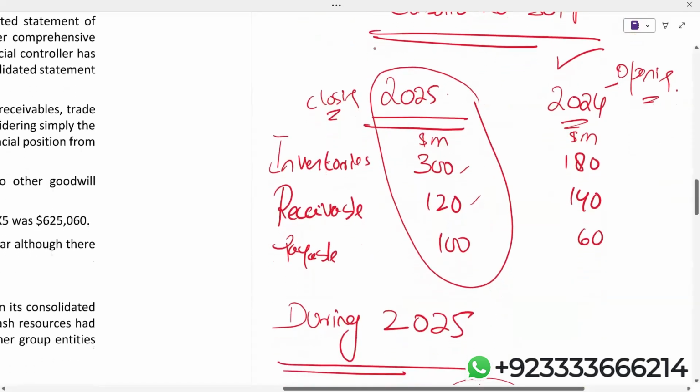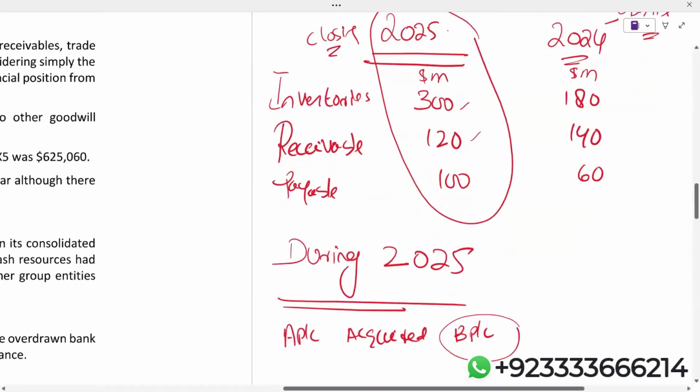While calculating working capital changes for the group cash flow statement, if you have acquired a subsidiary during the year, first you have to exclude all the impact of acquisition of the subsidiary from the closing balances, and then you will take the difference.